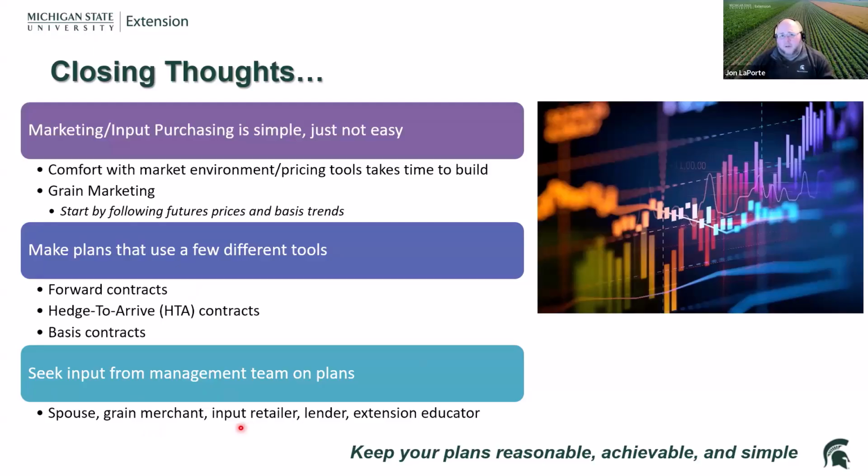Sometimes your input retailer is really good because they're watching the same markets, even though they might be selling you fertilizer or chemicals. They're looking at the same markets you are. They might have a good idea of where things are going. And your lender, and then of course your extension educator, or anyone in extension that you work with that is looking at the same thing, is good to bounce ideas off of.